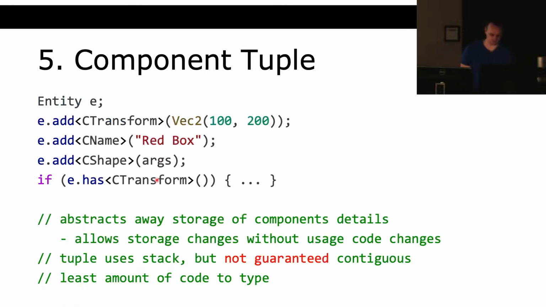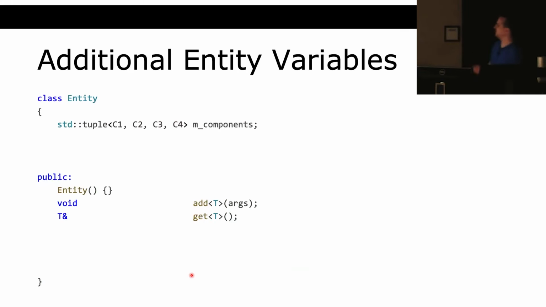That's what we want. And again, this is the least amount of code to type. So this is our entity as we see it right now. I have removed the has and remove functions here just because I couldn't fit it all into a reasonable font size. But all those functions that we had before are still there.